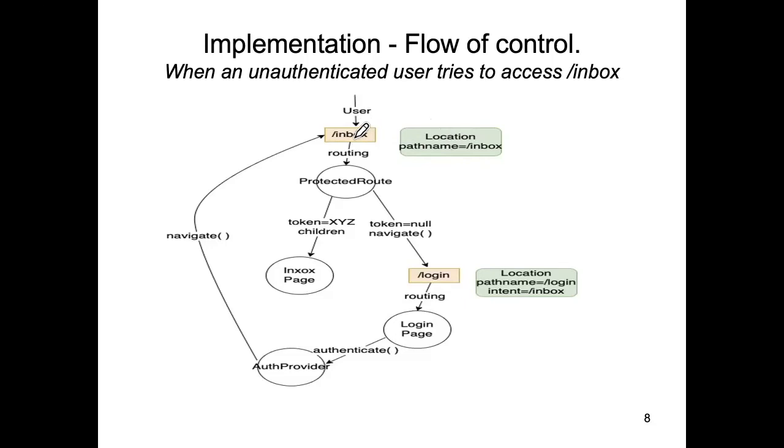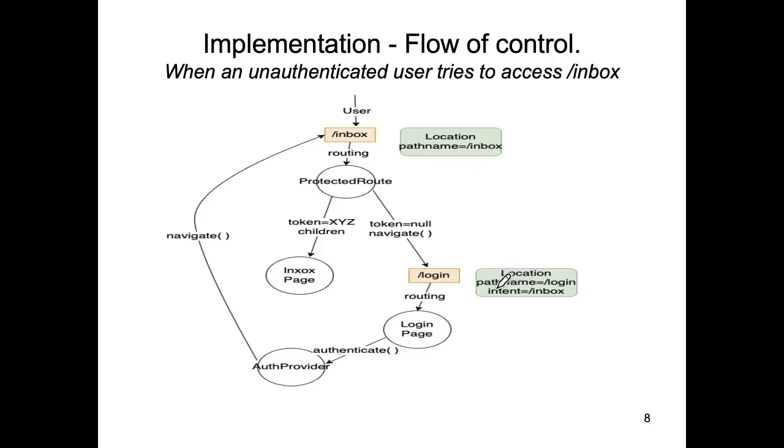According to my routing configuration, the component that is going to be mounted as a result of that is the protected root component. It makes a decision. It checks to see whether there's somebody logged in or not. Let's assume there isn't. So it goes down this route. It changes the browser's URL address again, which means that React creates another location object.